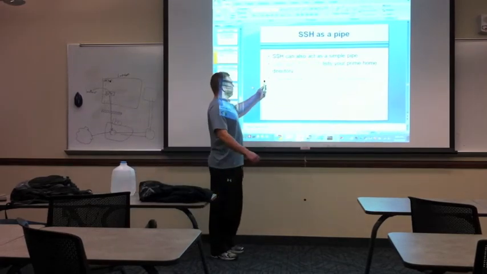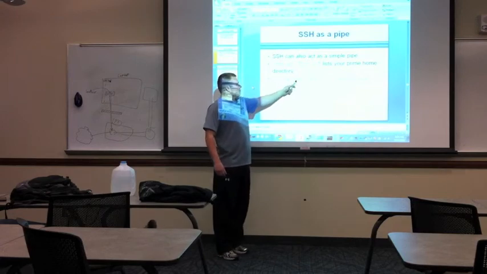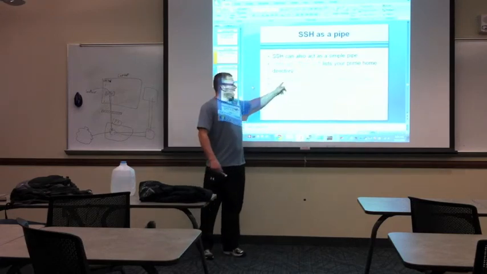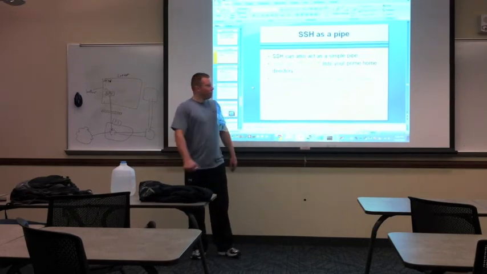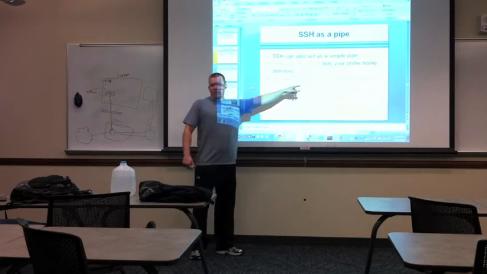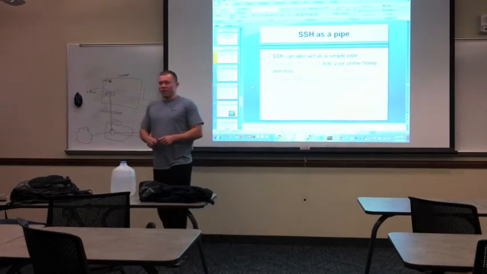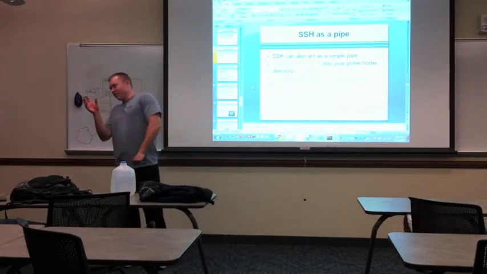For example, right here, this one will cat /dev/cdrom, which is your CD-ROM drive, so if you have a CD in there, it will cat out all the bytes on the CD-ROM drive. If you pipe that, who knows what a pipe is? When you take operating systems, you'll know. Basically, it just says, take the output of this program and set it as the input to this program.